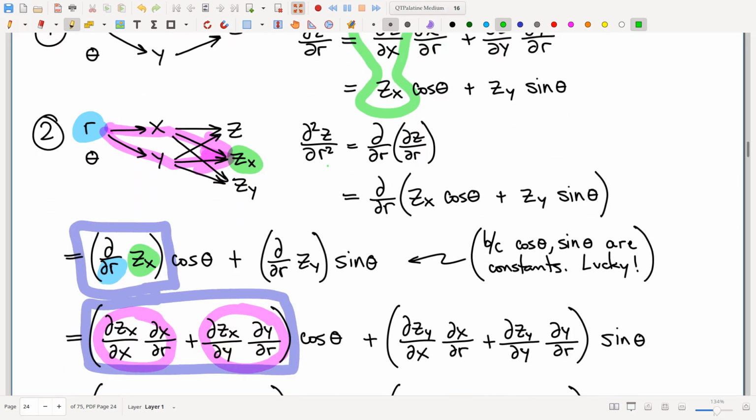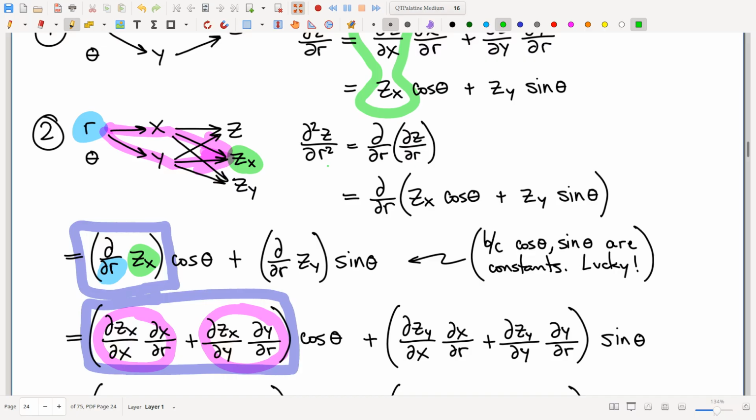So directly, you can't just use shortcut rules, power rule, stuff like that, because ZX is not immediately a function of R. That would be nonsense. But I'm now understanding it as a chain rule thing, and once you recognize it as a chain rule thing, the chain rule just jumps all over it, and everything in here is a direct computation. I saw a hand in the back.